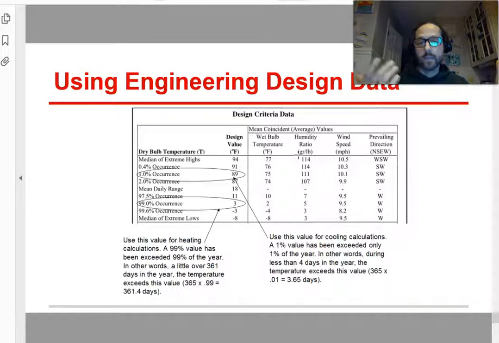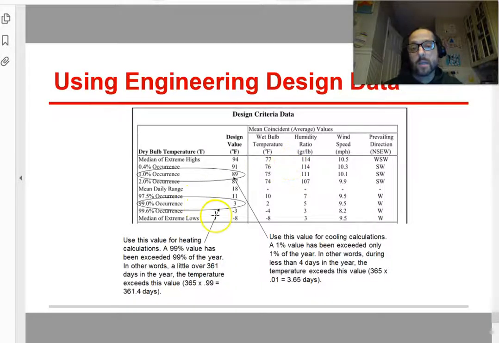So let's say at that temperature 60,000 BTUs of heat are coming into the building. Then you need a cooling system that can remove 60,000 BTUs per hour, which is our BTU rating, if you remember from a previous slide.